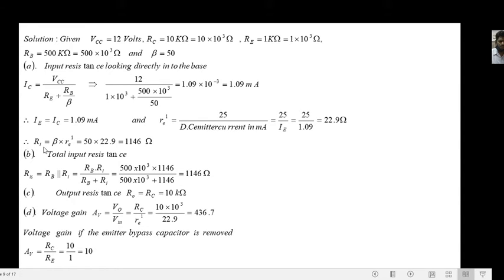Therefore, Ri, input resistance, is beta into Re prime, that is equal to 50 into 22.9, we will get 1146 ohm.